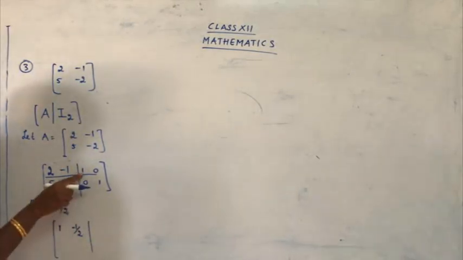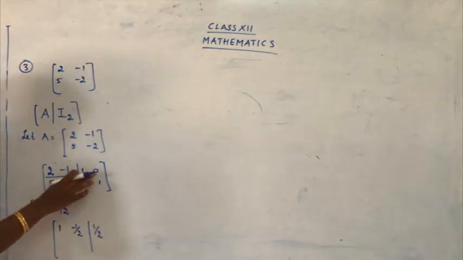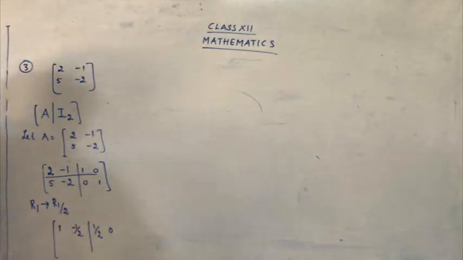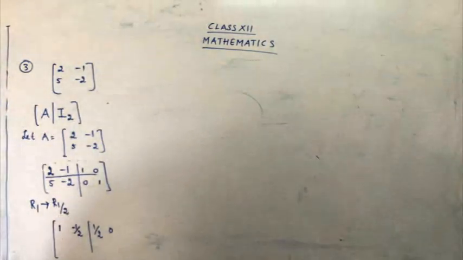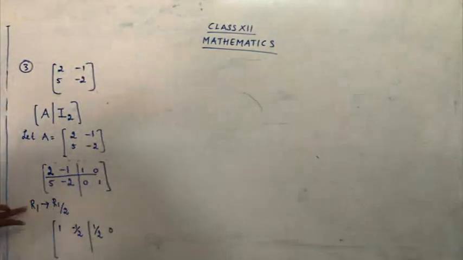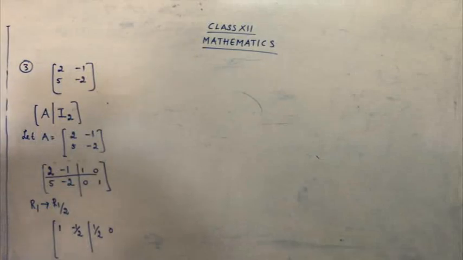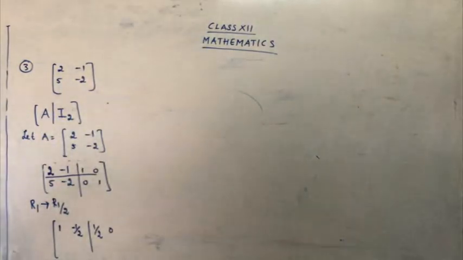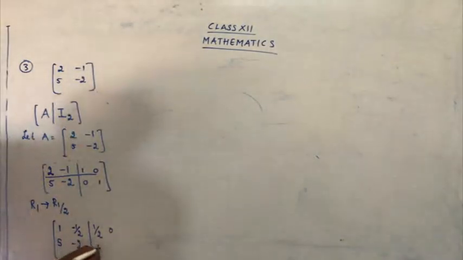Now what's here? 1, so 1 upon 2. Next, 0 upon 2 is 0. So we have changed the first row. The change was R1 being changed to R1 divided by 2. So you get 1, minus 1 by 2, 1 by 2 and 0. We have not touched R2, so just keep R2 as it is: 5, minus 2, 0.